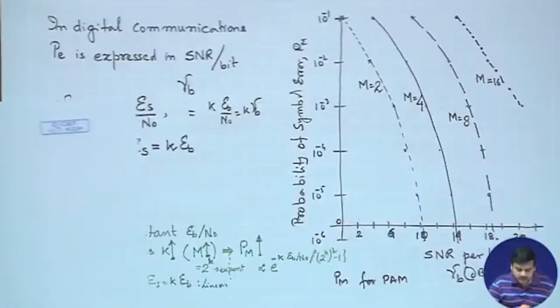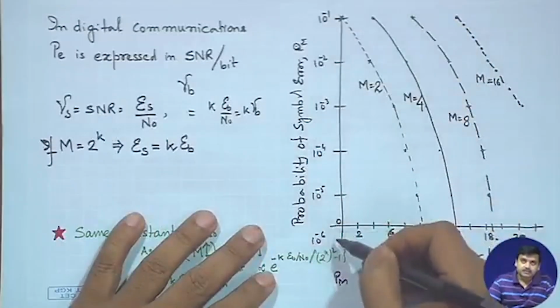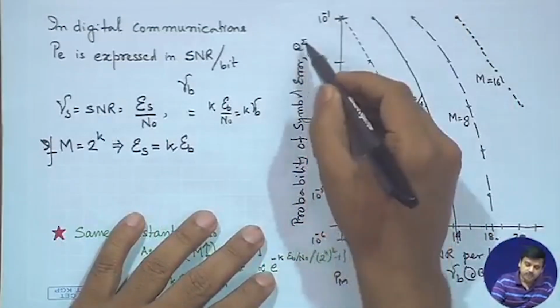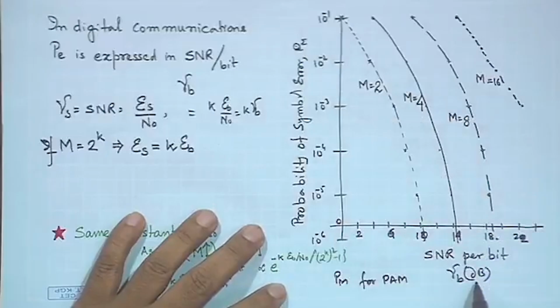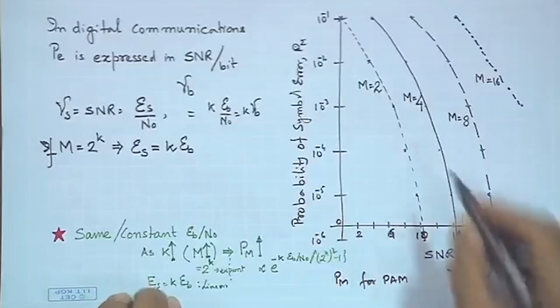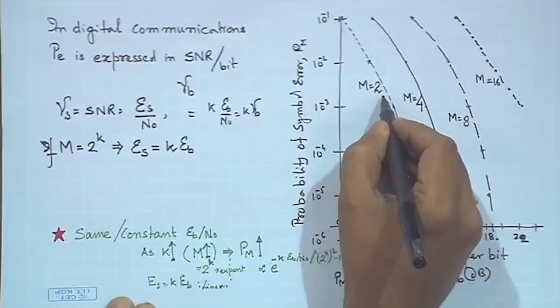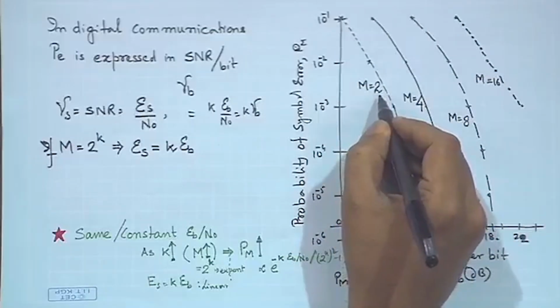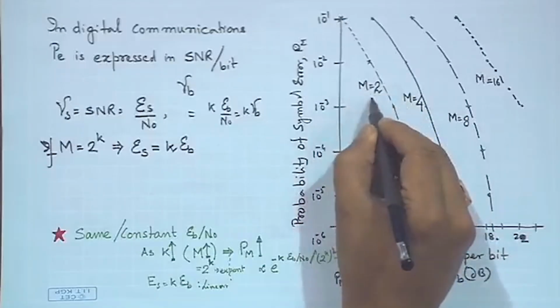What we see over here is, this axis that we have drawn is the probability of symbol error Pm, which we have just derived, and this axis is the SNR per bit, gamma b in dB. We are looking at it in decibels because generally the SNR is represented in decibels. The first curve is the result for M equals 2, binary PAM, which we have discussed before, and it can also be obtained from the M-ary PAM result.